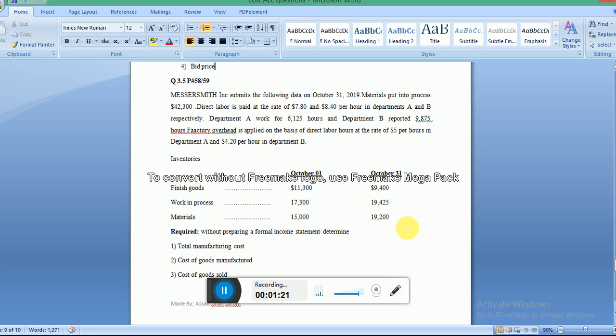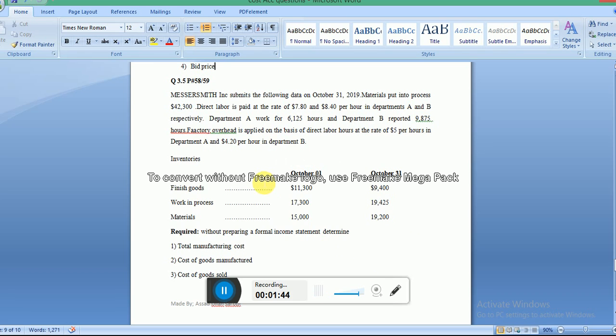It means that if in Department A, direct labor works for 1 hour, they will be paid at the rate of $7.80. And if in Department B, direct labor works, they will be paid $8.40 per hour.